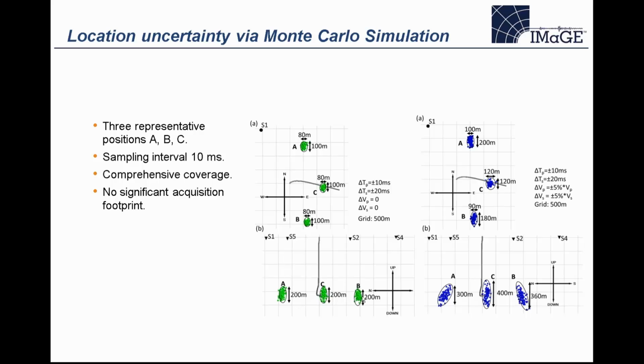It's 200 meters, and that's assuming the velocity is correct. Now if we add 5% uncertainty to the velocity, that means if your velocity for that layer is 5,000, then you will get 250 meters of error for that layer. You can see it almost doubles the vertical errors, to 300 or almost 400 meters.